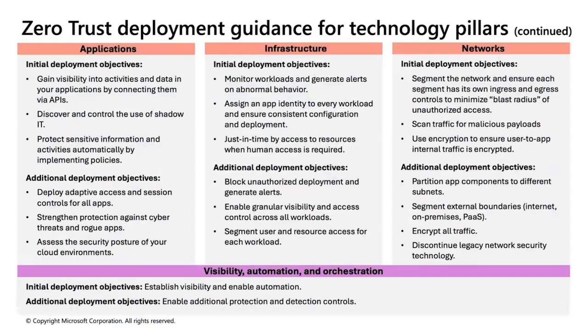Also, if possible, for any traffic exchange between resources, or between a resource and internet traffic, we can ensure all traffic is in an encrypted format for more security. So these are the different objectives we see in the network pillar, and we have different solutions to achieve them.